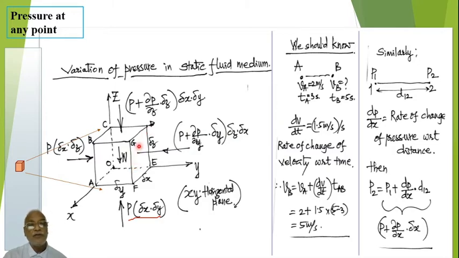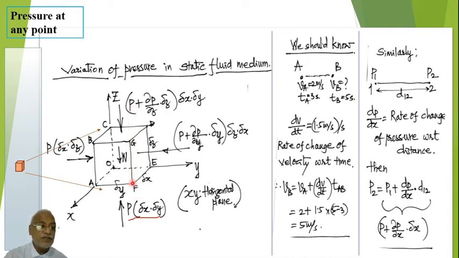And again, you know that in earlier discussion we have seen that the pressure always acts perpendicular to the surface. So the pressure will be perfectly horizontal because this face is perfectly vertical. In the same way, here the vertically upward pressure is P. Now this pressure will be P plus the rate of change of pressure with respect to distance, dou P by dou z, that is the direction in which the pressure is changing.